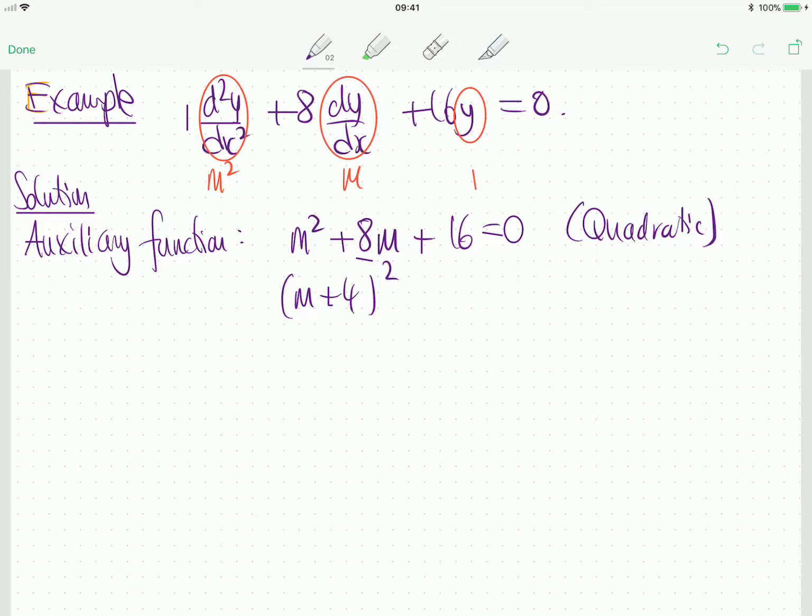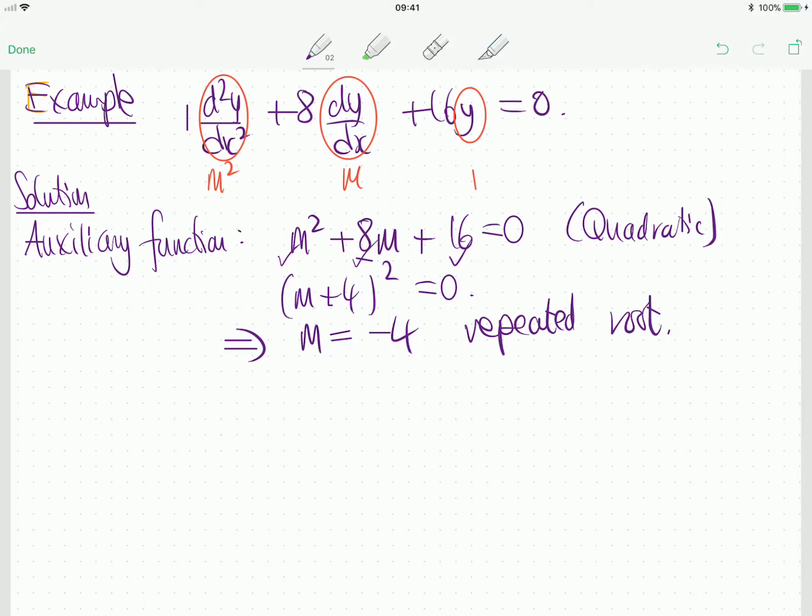So if I multiply that out, I get m squared plus 8m, and the constant term, which isn't always right, but in this case it is, 16 equals 0. So it's a perfect square. So in our case, we have a repeated root of -4 to our auxiliary function.